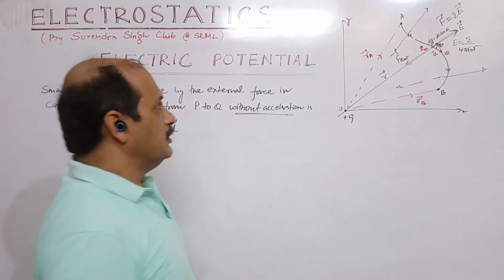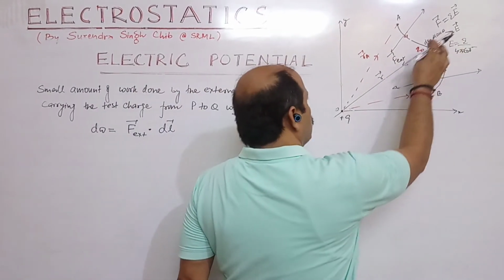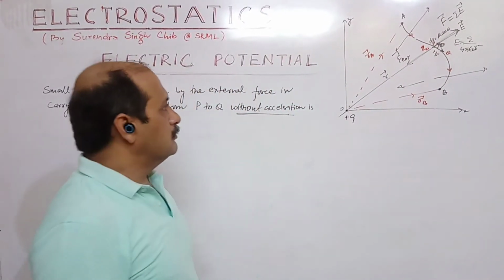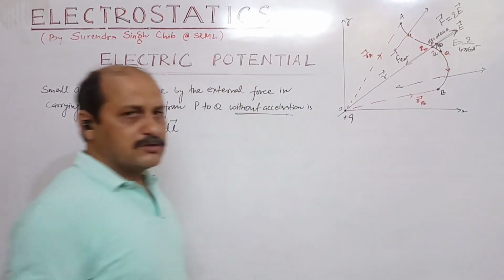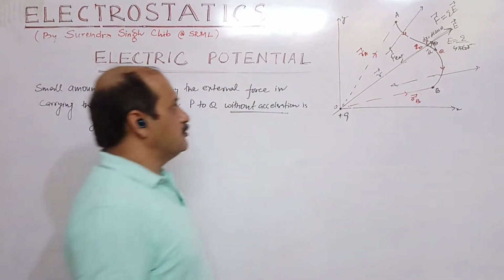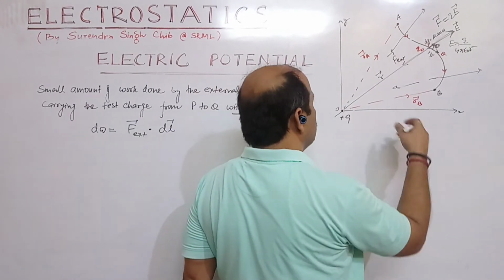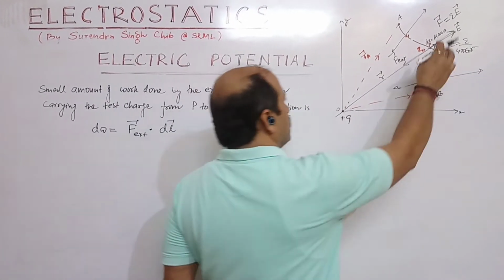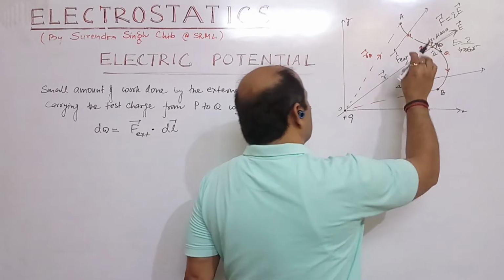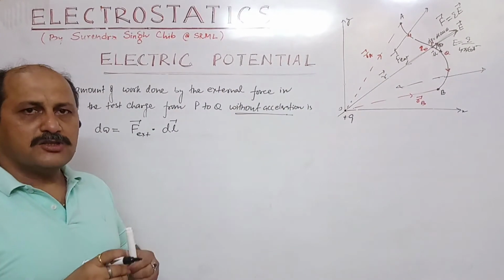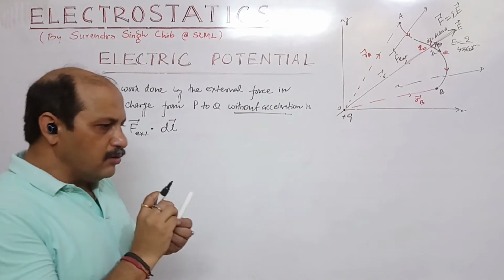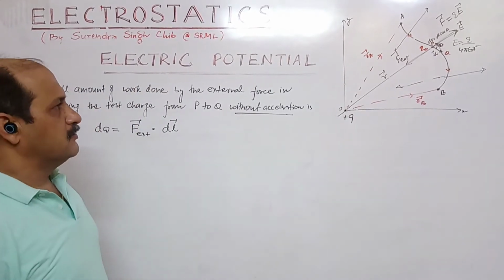हाँ, बच्चे सोच रहे होंगे इस फोर्स को हमने इससे न्यूट्रलाइज कर दिया, तो how it is possible to move the charge from P to Q? Now since we want to move the charge from P to Q without acceleration, it means there is no need to put any force in this direction. And दूसरी बात, PQ is very small and we are moving the charge with a very small velocity or speed.